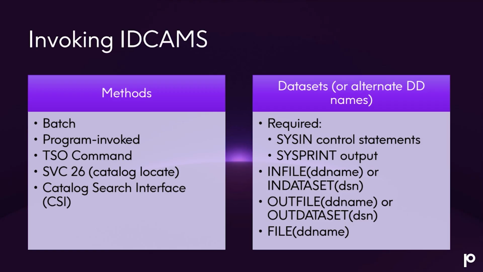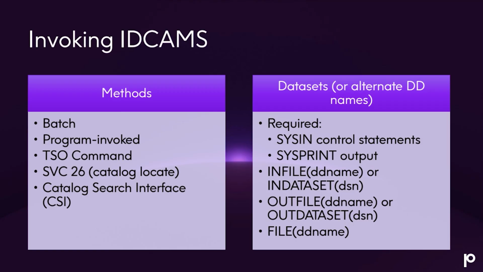And so ultimately, whether it's from batch or from a program or from a TSO command, ultimately SVC 26, the supervisor call instruction, gets invoked. The catalog locate SVC gets invoked. We call it the catalog locate SVC, and it's primarily used for LISTCAT to return information from the catalog, from those metadata structures we just looked at, to return that information to the program, to IDCAMS.